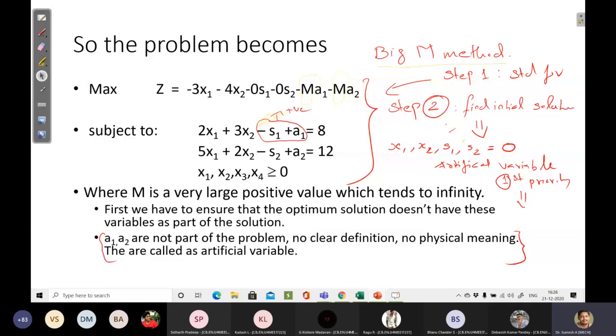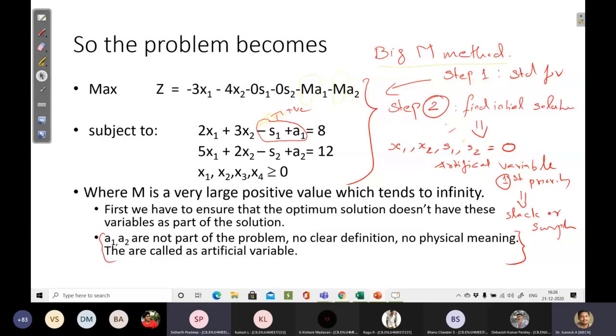So keep this in mind when you are solving further problems. When artificial variables are present in your problem, first they have to get eliminated. Then you have to eliminate the slack or the surplus variable. That is how you have to solve the problem.